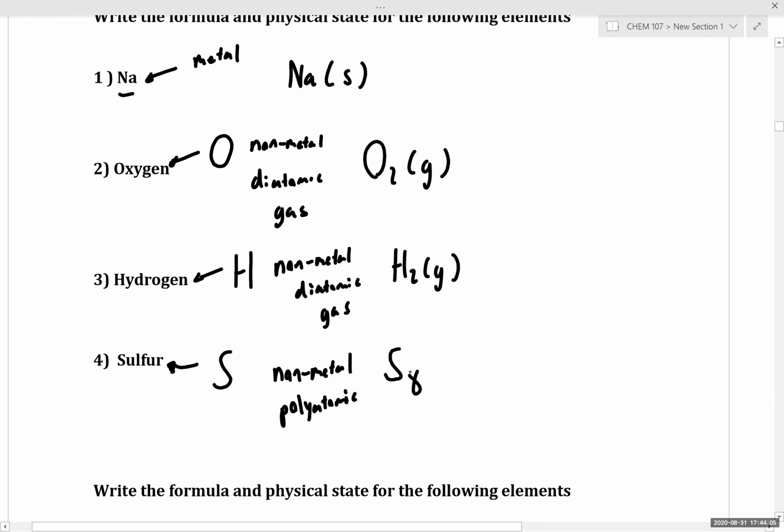So sulfur has a unique formula of S8, and it's given the solid designation. So there we go. We have the formulas and physical states of each of these four elements assigned using our provided rules. Any questions on this example?